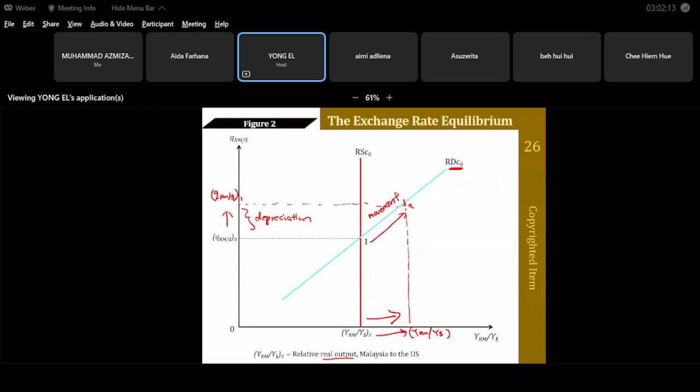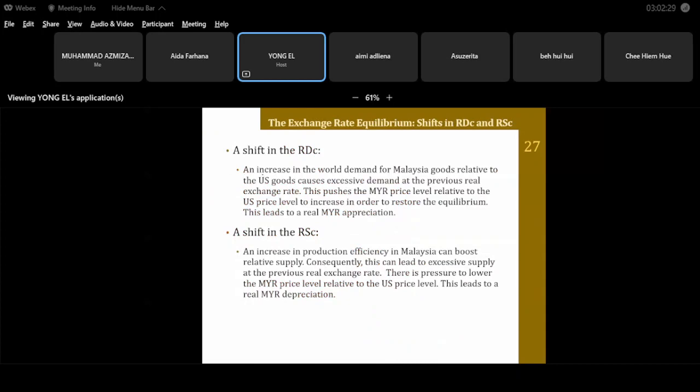Another thing we want to look at is the shift in either of these curves. The first one we can consider is an increase in world demand. Let's say an increase in the world demand for Malaysian goods relative to the US causes excess demand at the previous real exchange rate.